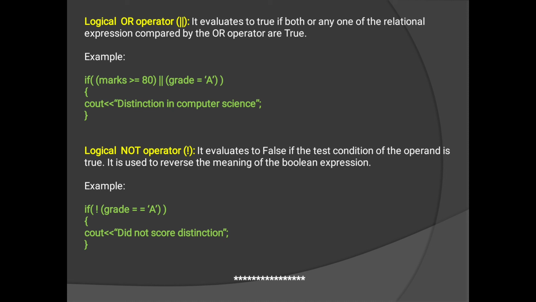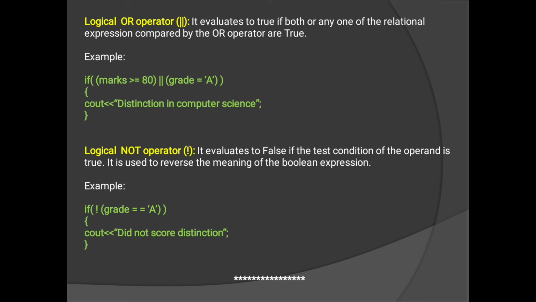So if the user enters, suppose, A from the keyboard, you can see that marks is an integer variable because you are comparing it with the value 80, and grade is a character variable because you are comparing it with the value A, the alphabet A. So grade is not an integer variable, but a character variable.